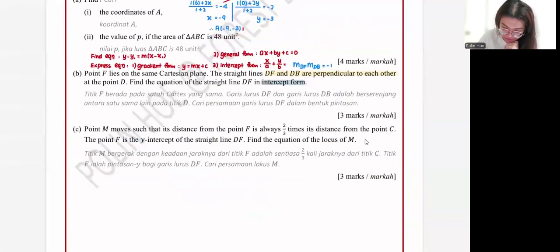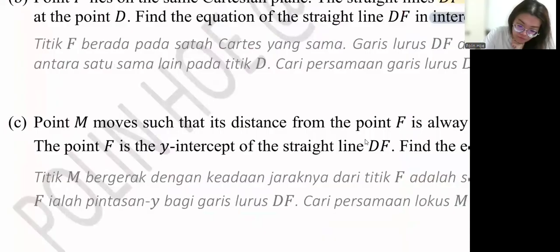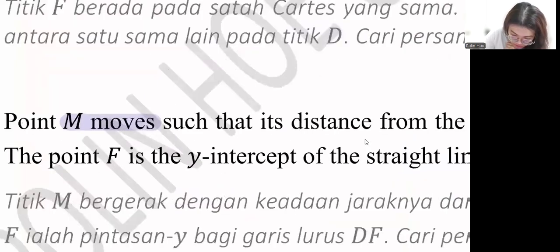往下面移. Now, point M moves, the word moves. We know that it is a moving point. 所以我们做什么？我的 magic is, what's my magic? Let M be xy.